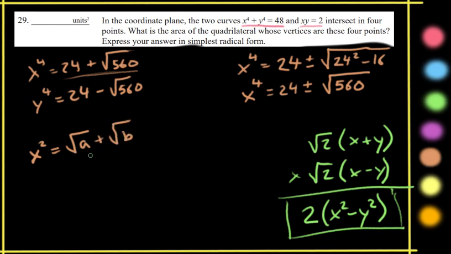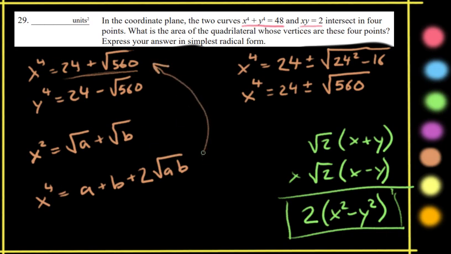When we square that, we'll get x to the fourth. So x to the fourth is going to be this thing squared, which is a, plus this thing squared, which is b, plus 2 times the product of these two, which is 2 times the square root of ab. And that has got to be equal to this thing up here. So those have got to be equal to each other.